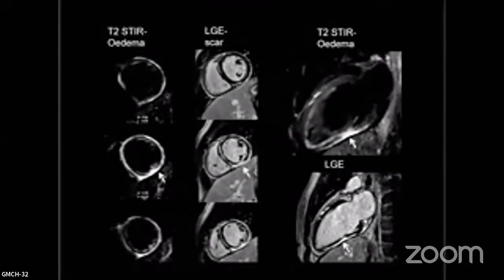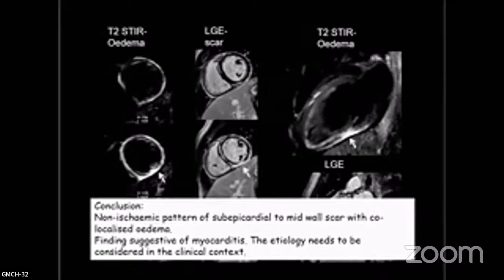Contrast this with this study, where you see mid-wall and subepicardial pattern of late gadolinium enhancement, as highlighted with the white arrows. And on T2 STIR imaging, you see co-localized edema. We would summarize this as saying non-ischemic pattern of subepicardial to mid-wall scar with co-localized edema, findings suggestive of myocarditis.